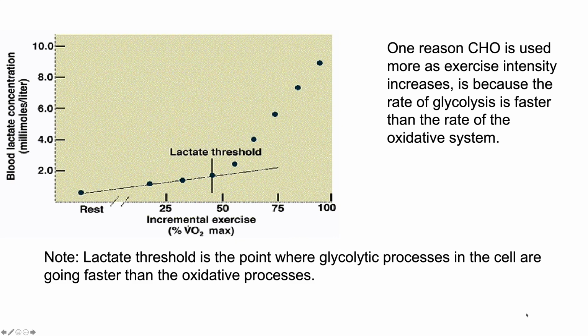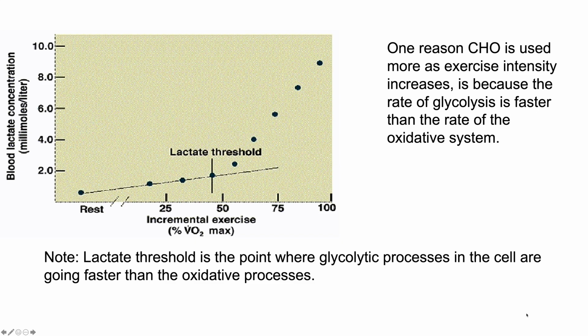So why does intensity, though, have this impact? Well, one reason is carbohydrates are used more as intensity increases because the rate of glycolysis is faster than the rate of the oxidative system. So remember, we talked about the lactate threshold here, but lactate gets formed when glycolysis works at too fast a rate.